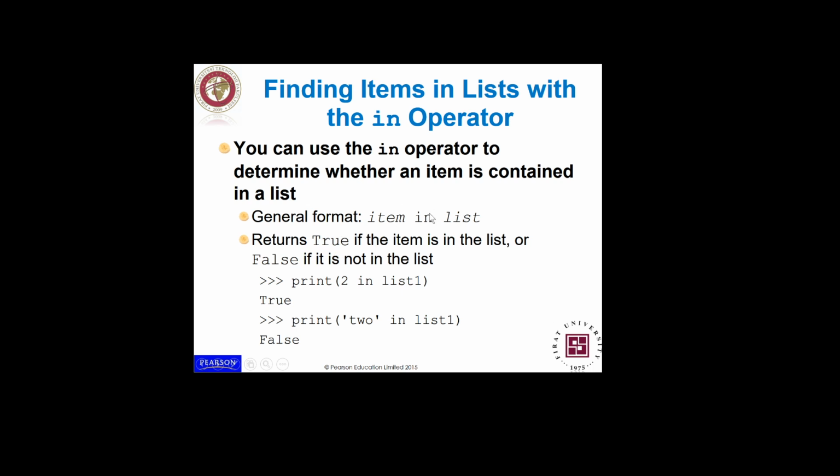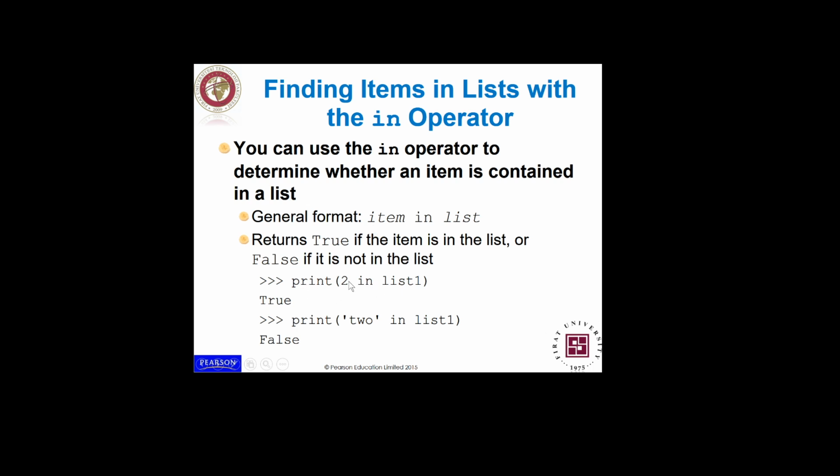If it is not available, it will return false. We can use this in scenarios like user defined functions. It has different types of applications where we can inspect whether an item is available in the list or not.